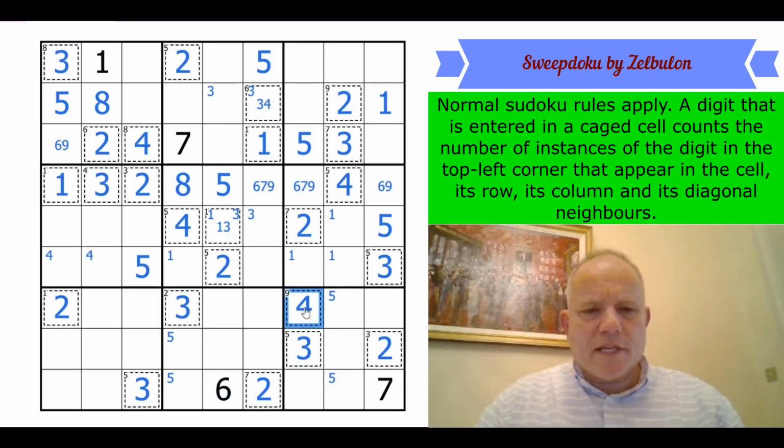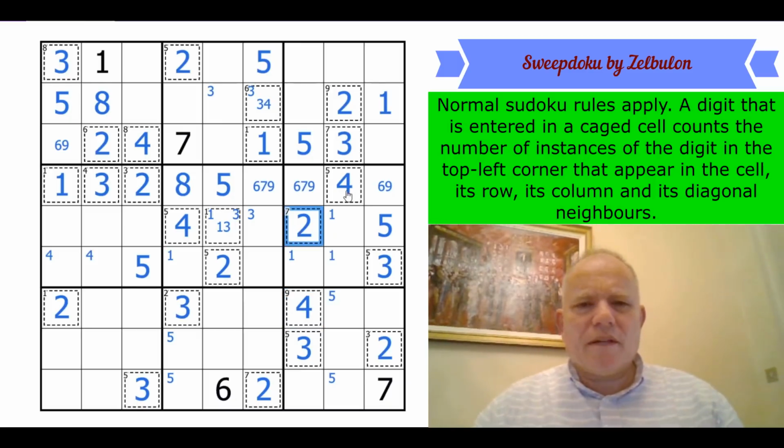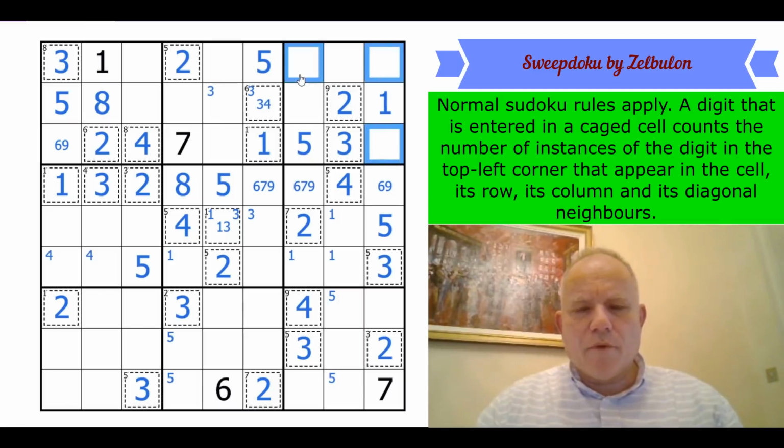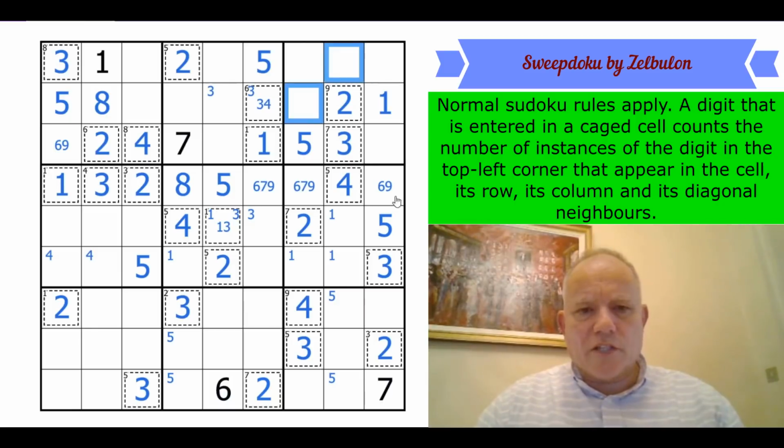This 9 cell sees 4 9s. I don't know what to do. Okay, this 9 cell sees 2 9s. It's got to see 1 in the row and in the column, so it's not going to see 1 in the diagonals as well, because that would be a 3rd one. So 9 in this box is touching that 2 in one of those 2 cells.